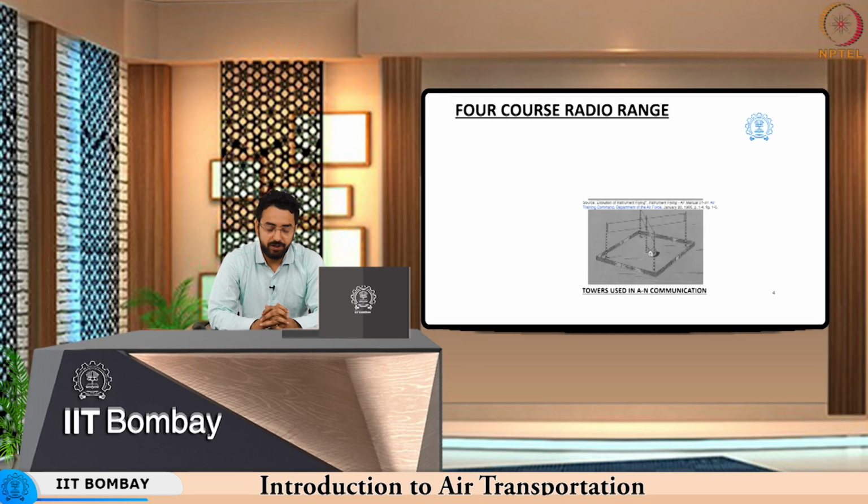So, with the evolution of radio navigation systems, the first and foremost type of radio navigation equipment implemented on aircraft was called the four course radio range. Now, these navigation aids consist of four radio towers placed in a square pattern.